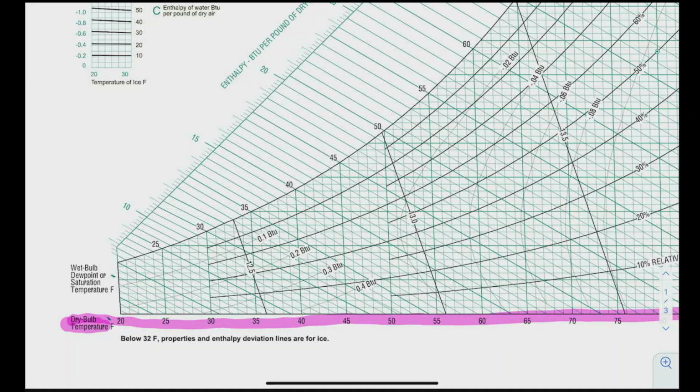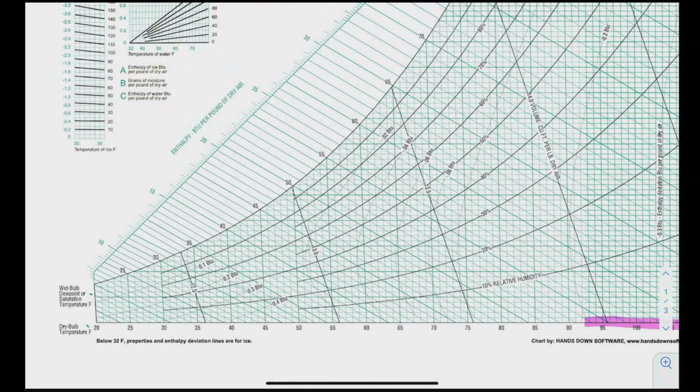These vertical lines all represent dry bulb temperature for air. So we have 25 degree dry bulb, 30 degree, 35, 40, 45, and so on and so forth. Dry bulb temperature for air is very important. What else do we have?